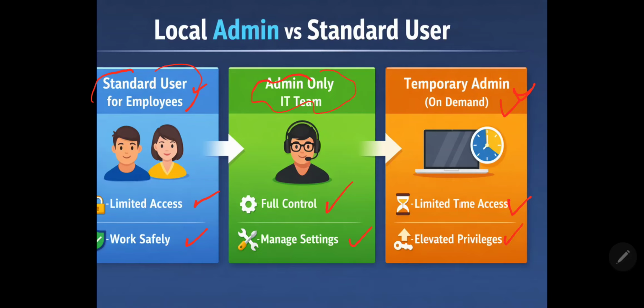Elevated privileges used when an employee needs to install a specific application or perform certain tasks. Automatically reverts back to standard user after the time expires. The main purpose of this is to balance operational flexibility and security without giving permanent admin rights.